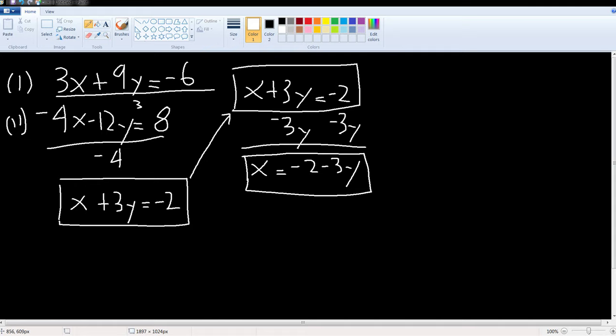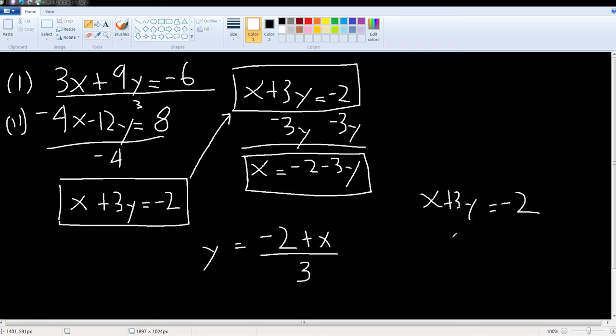Now, if we solve for y, how would I do that? I did x plus 3y is equal to -2. I subtracted x on both sides.